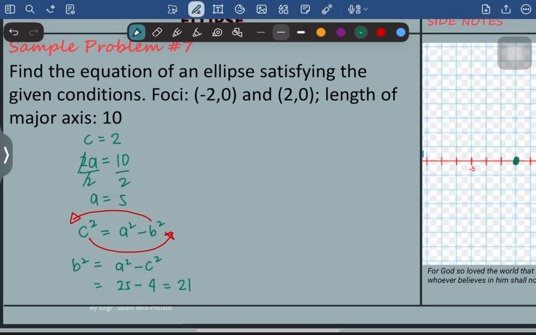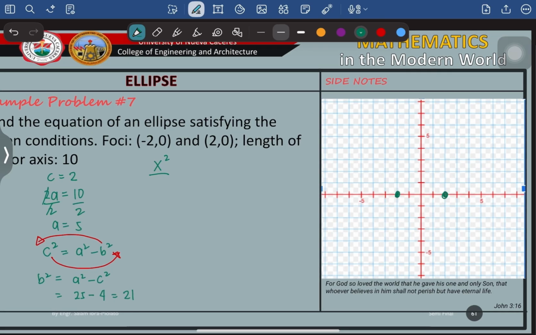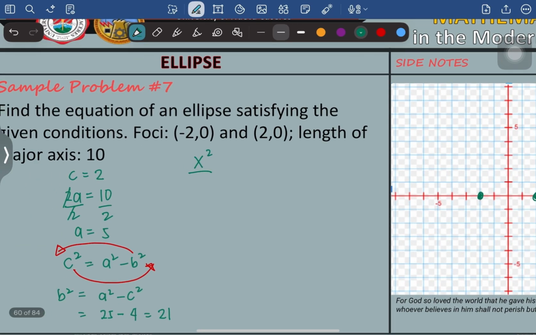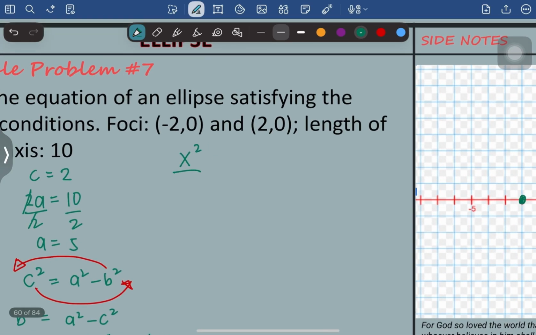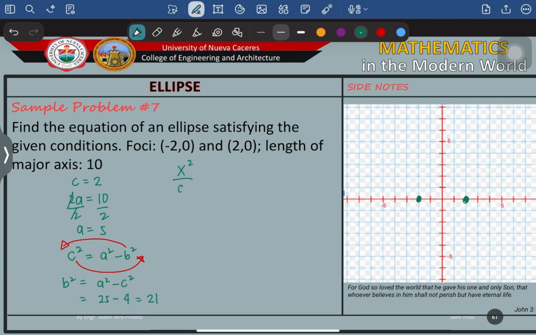To write the standard equation, since the foci are parallel to the x-axis, the major axis should be under the x squared variable. So x squared over a squared plus y squared over b squared equals 1.